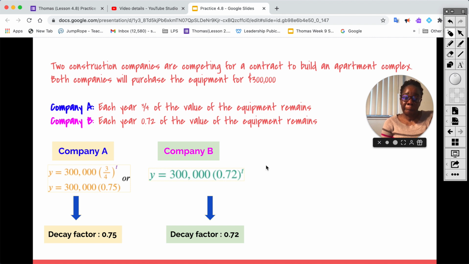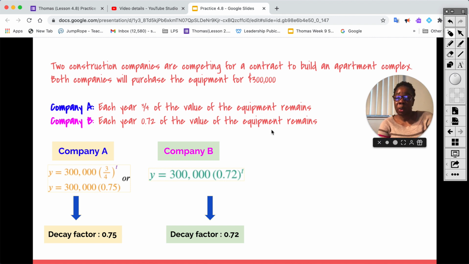When we compare both of these companies, which company's equipment has the higher remaining value? The company's equipment that will have the higher remaining value is going to be the one that has the greater decay factor.